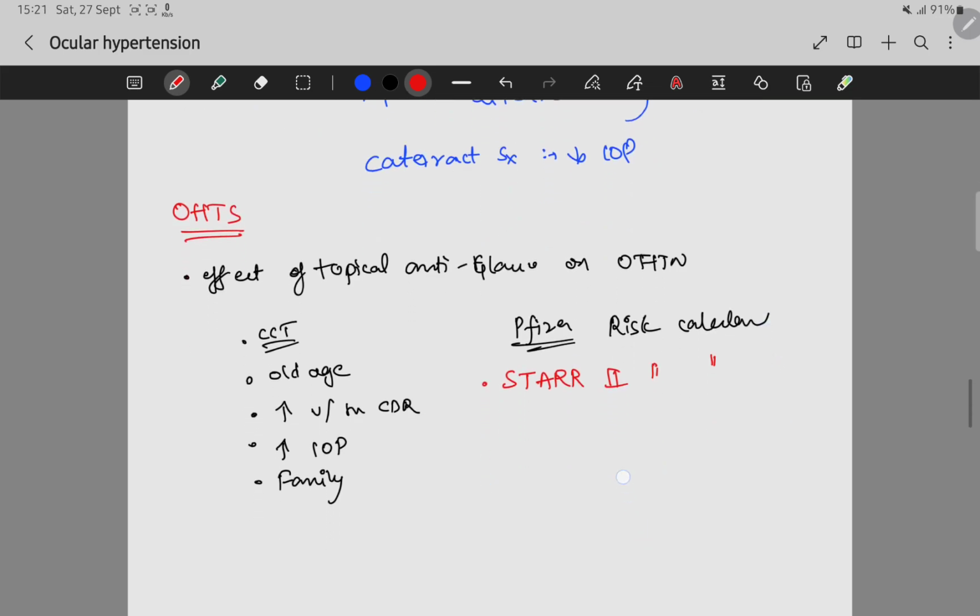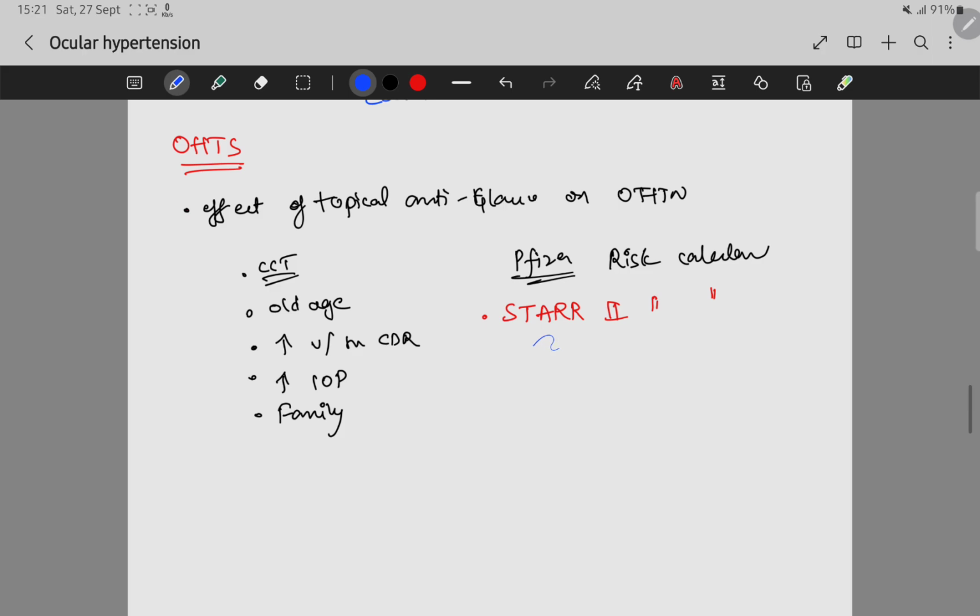It takes into account some factors which we already discussed, like age, the intraocular pressure, central corneal thickness, pattern standard deviation on perimetry, and cup-disc ratio to decide whether there is high risk or low risk of development of actual glaucoma. So these were all the factors which were identified in the Ocular Hypertension Treatment Study.